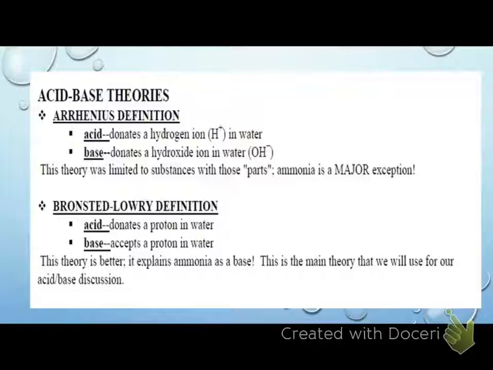Okay. There are 3 definitions of acids that you need to be aware of. One's going to be more important than the others, but you do need to be aware. The Arrhenius definition, and this is Chem 1 stuff, so hopefully it kind of rings a bell. The Arrhenius is going to be your strictest definition, meaning there's going to be fewer things that are considered an acid under this definition.